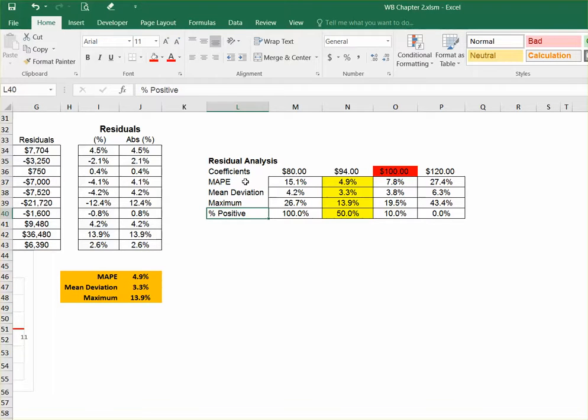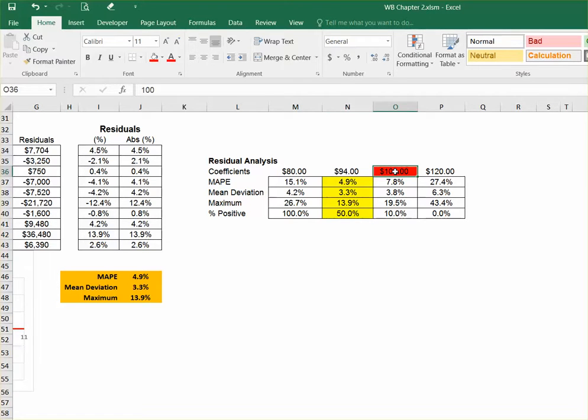One is the mean average percentage error, or the average of the residuals, the mean deviation, the maximum residual, how wrong it can be, and then how many are positive versus negative, and we would want that to be about a 50-50 split. And we saw that $94 gave us the best result.